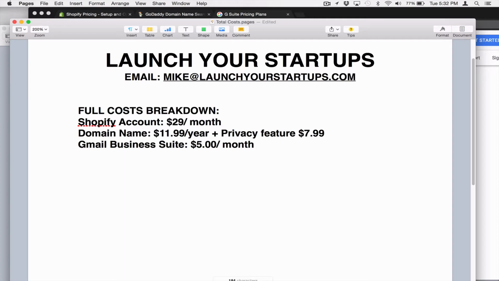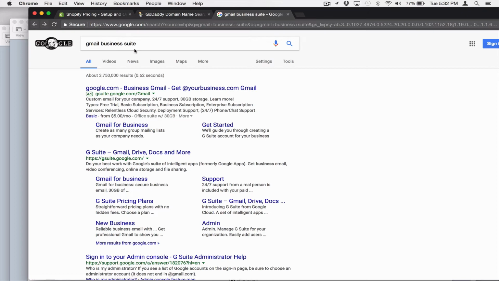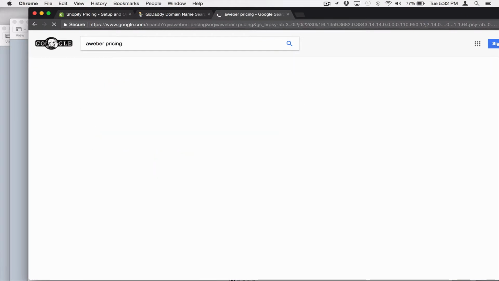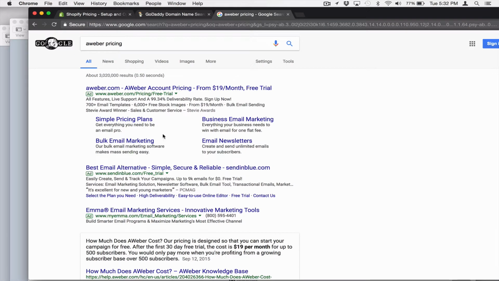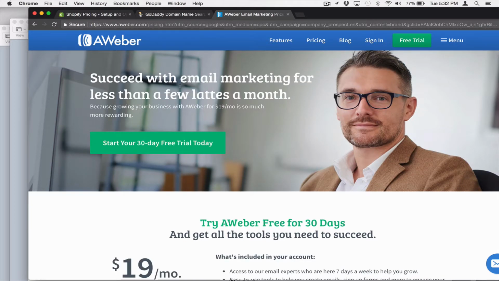Another thing I like to use, or I do use, is Aweber. So Aweber pricing. What is Aweber? It's basically an email marketing system that lets you collect all your emails and then market to them.